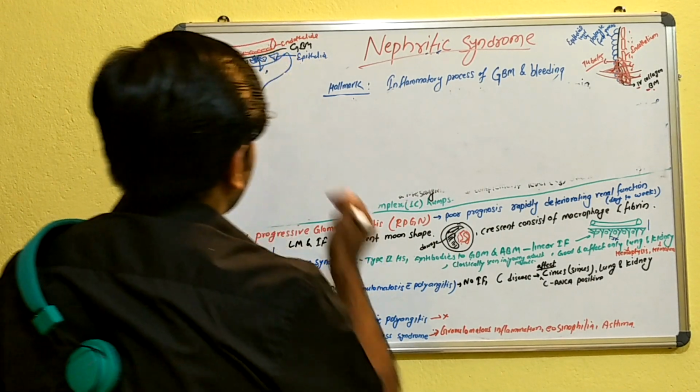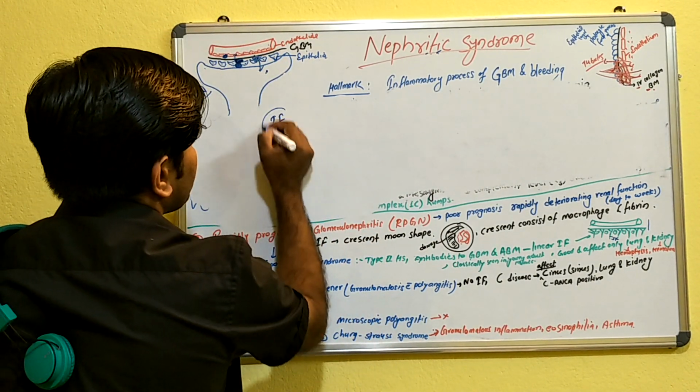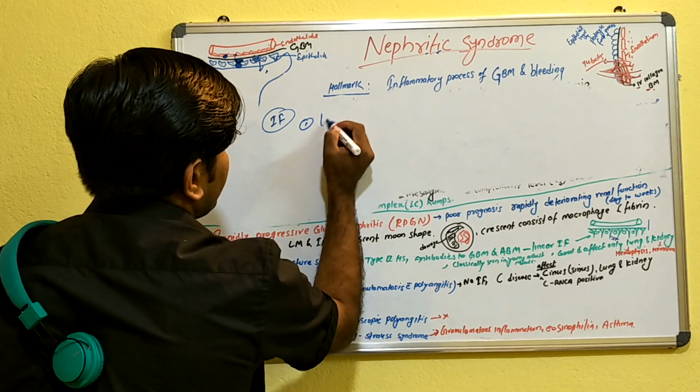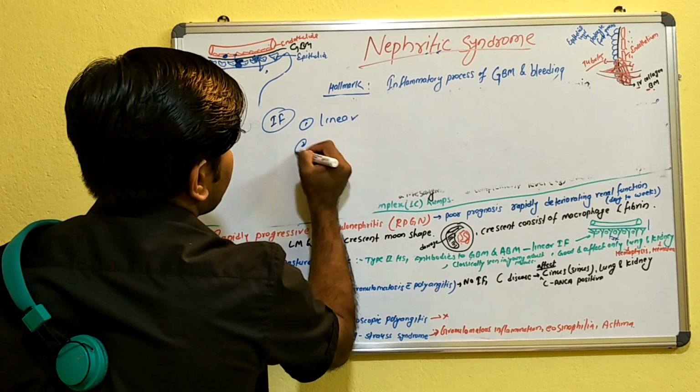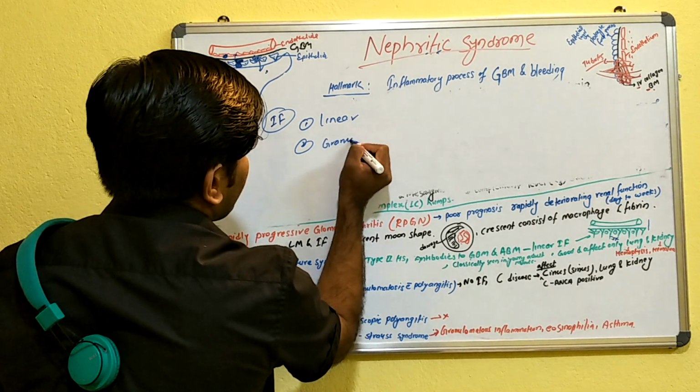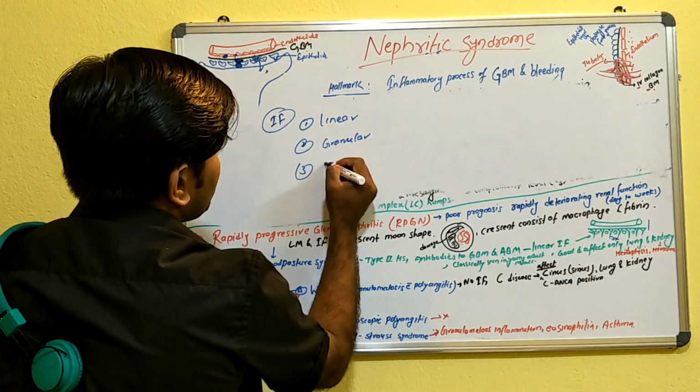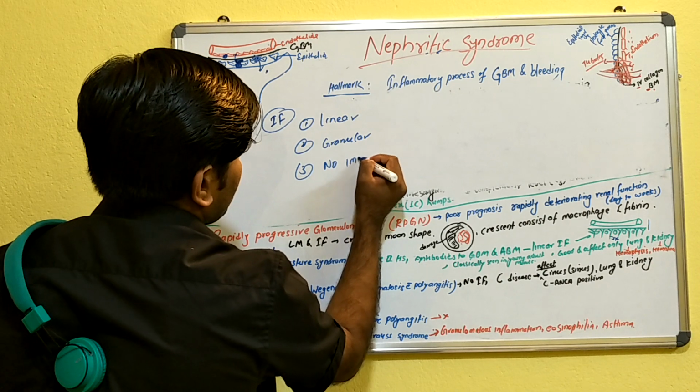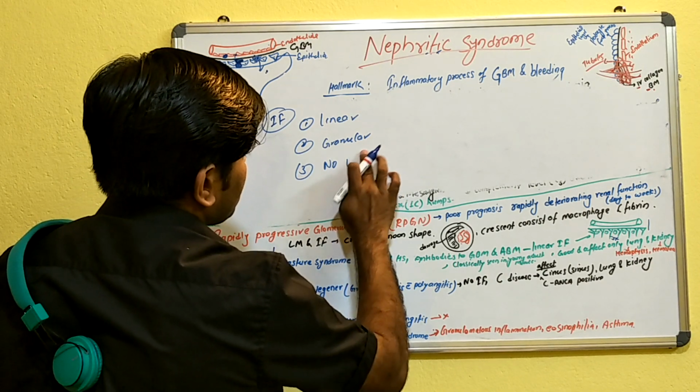So we can divide it on the basis of immunofluorescence into linear, granular, and third one is no immune complex, no immunofluorescence.